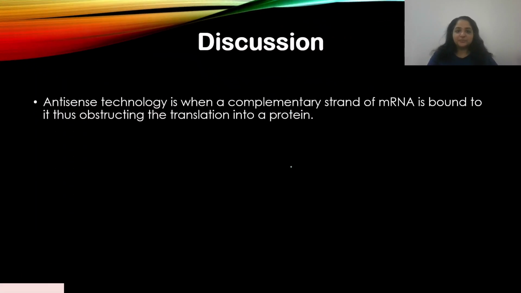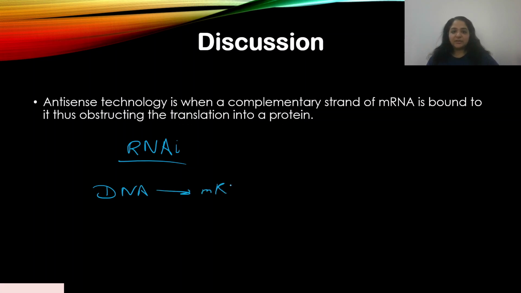Let's go to the discussion. In the previous lecture, I spoke about RNA interference or RNA silencing. It's a similar concept here. DNA is transcribed to mRNA, and mRNA then translates to proteins. But let's say you have the mRNA, but you don't want it to express the protein.